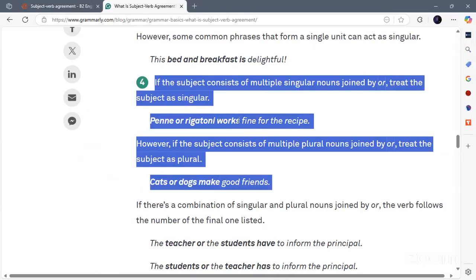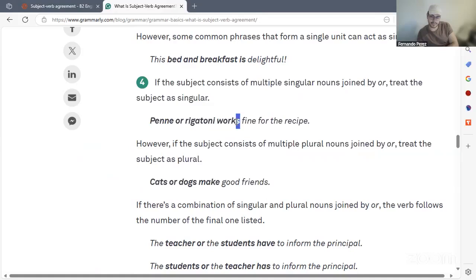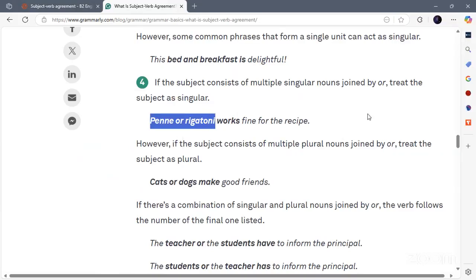And here we are using the word works with an S. Why do we use works with an S if we are talking about two nouns? Well, the reason is that these are uncountable nouns. And when you are talking about uncountable nouns, you always need to consider them singular.